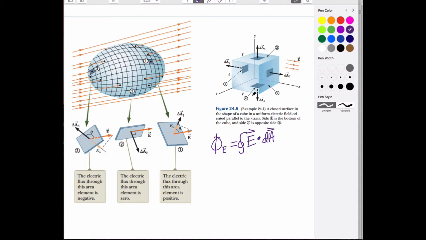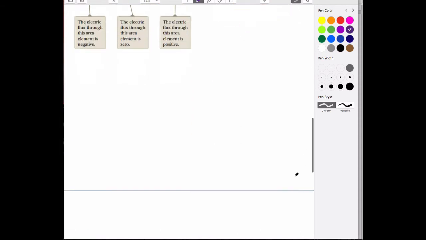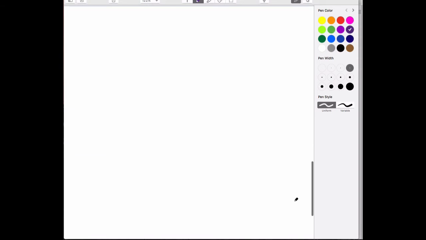If you can draw a closed surface that surrounds a charge or surrounds an area with an E field, you can use its geometry, so its area, to tell you about how much charge is enclosed or what the E field is. So what Gauss figured out, let's get a blank screen.